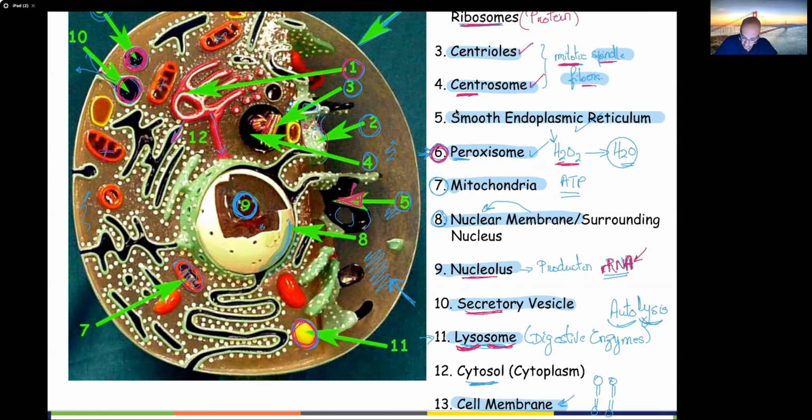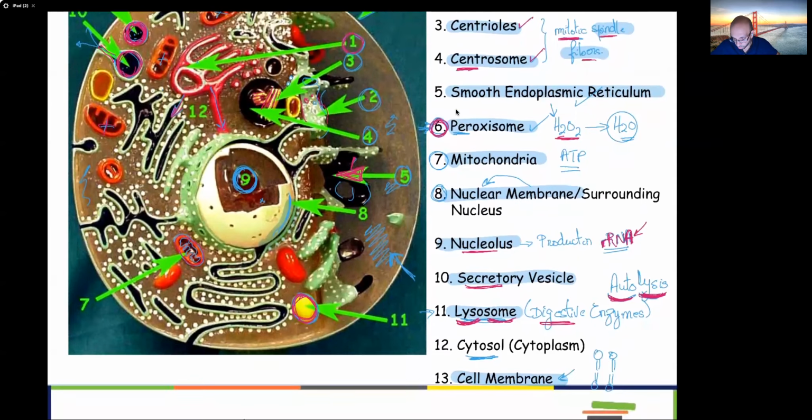It's going to be performing what we call autolysis. Auto means self, lysis, to lyse is to break down. So autolysis means self-breakdown. So in some cases, these cells might be using those digestive enzymes stored inside the lysosomes to break down themselves.